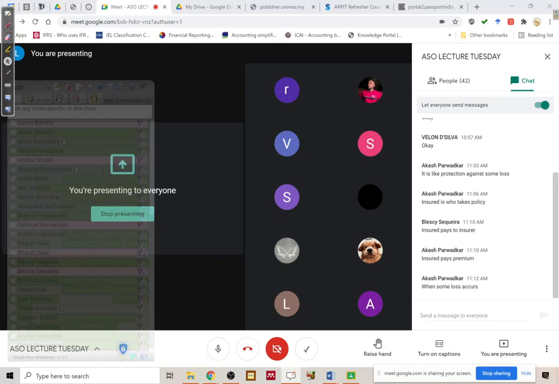So remember like this, premium is what the insured pays the insurer, correct? Now since we are going to do insurance company accounts or final accounts, we have to think from the point of view of the insurance company. So for an insurance company, premium is an income or an expense?